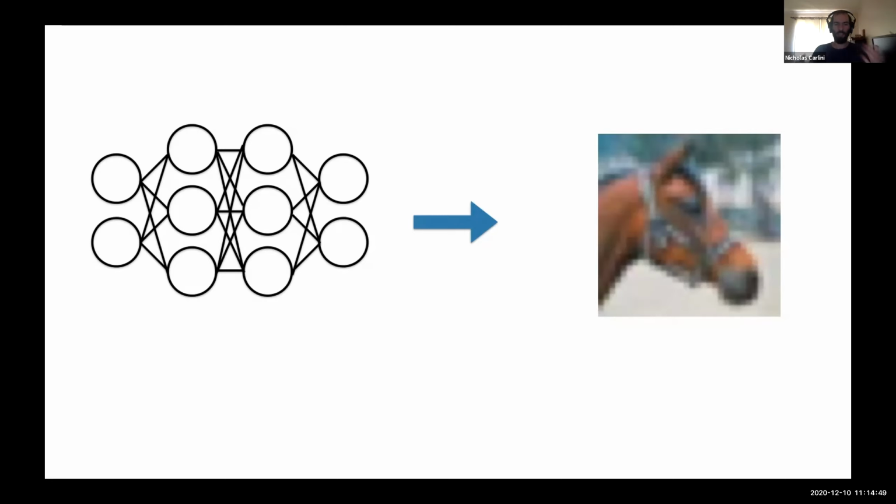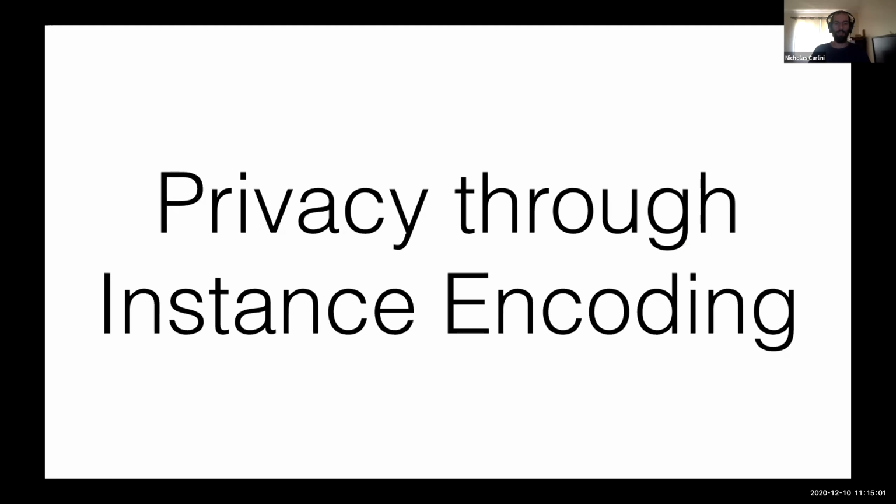And so the general question is how can we train classifiers with this property? There are techniques that are provably correct, like differential privacy, but they're slower and less accurate. And so the question that researchers have started to study recently is something called privacy through instance encoding.